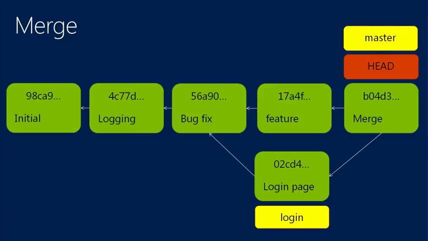So this bo4d3 commit is a dedicated merge commit. Its only job there is to contain both the parent references so that you know where these changes came from.